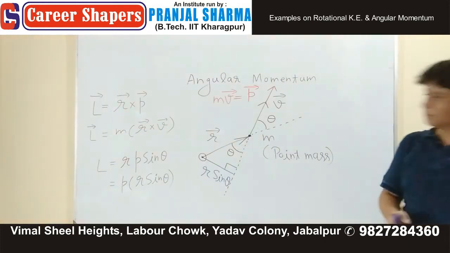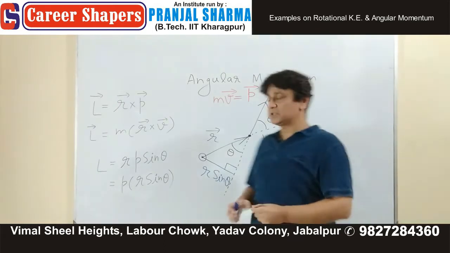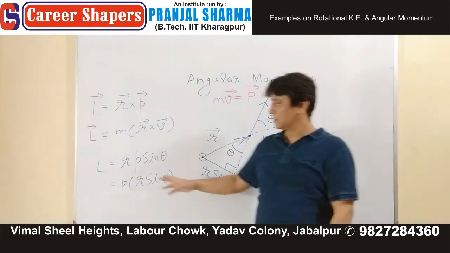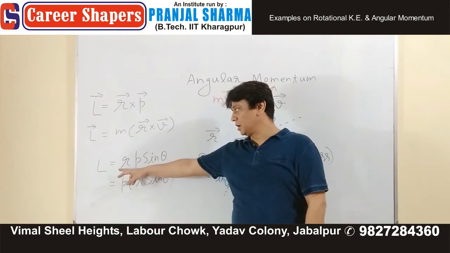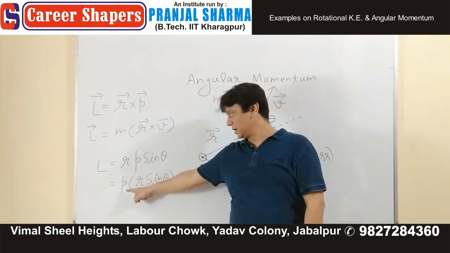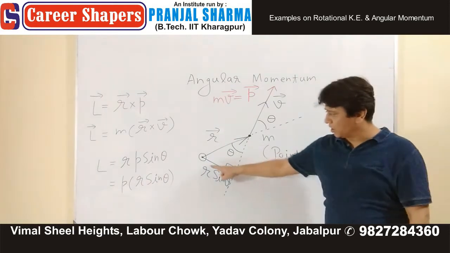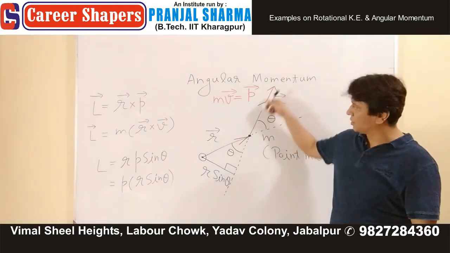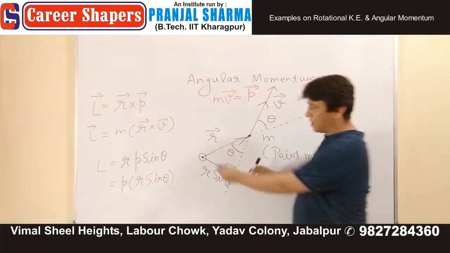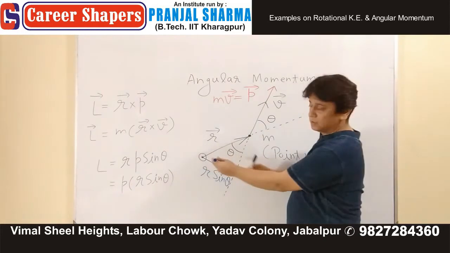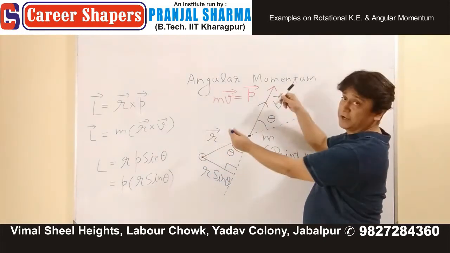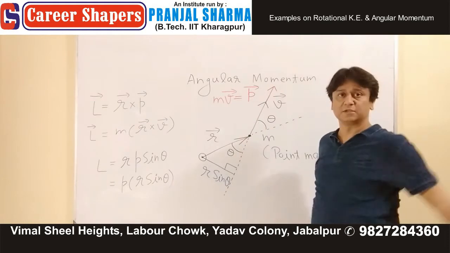That means, just like torque, we can say that angular momentum is linear momentum multiplied by perpendicular distance of linear momentum from the axis of rotation. This is your axis, this is the linear momentum, perpendicular distance.